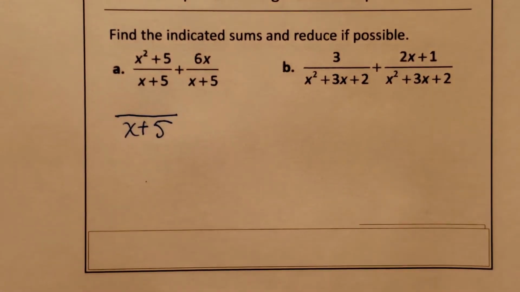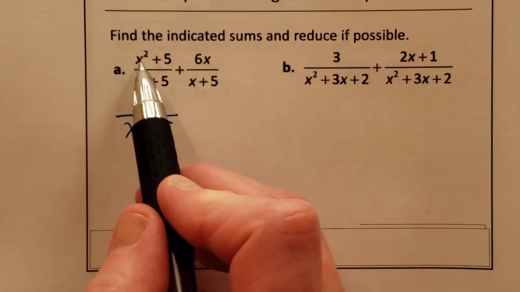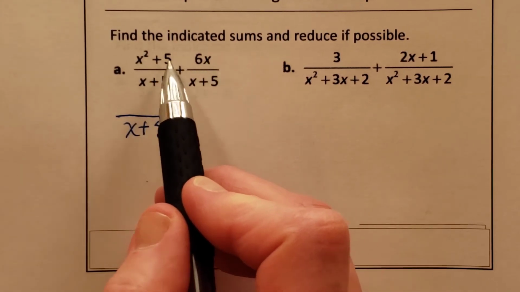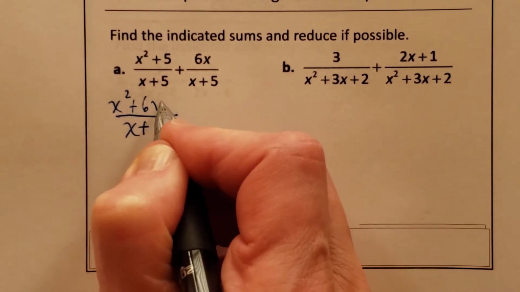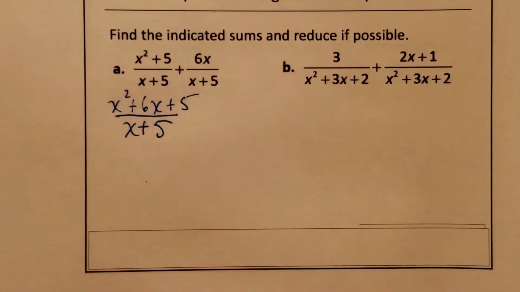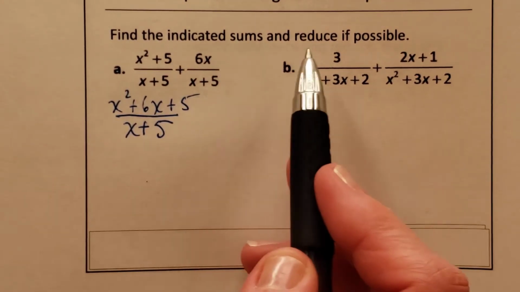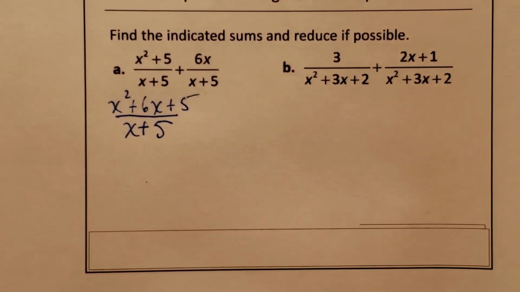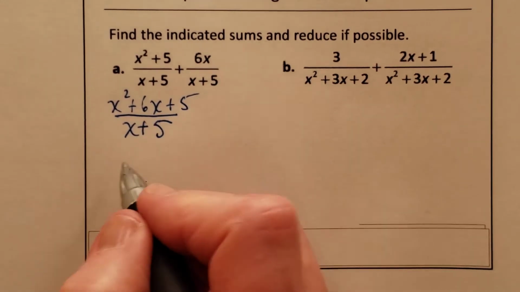Our numerator, we're going to put in descending order: x squared plus 6x plus 5. None of those are like terms. After it says to find the indicated sums, it also says to reduce if possible, so I need to factor my numerator. I'm thinking of two numbers that multiply to 5 and add to 6.